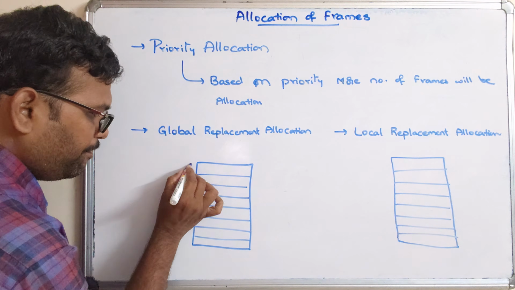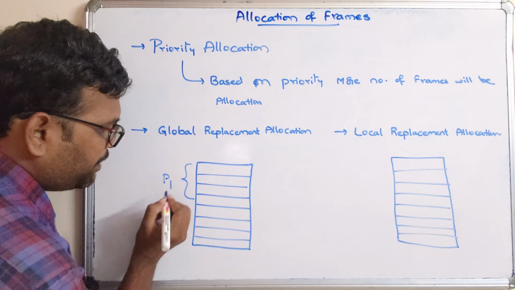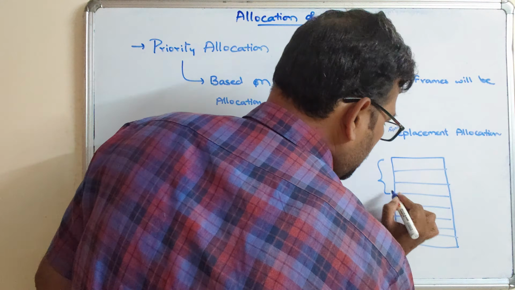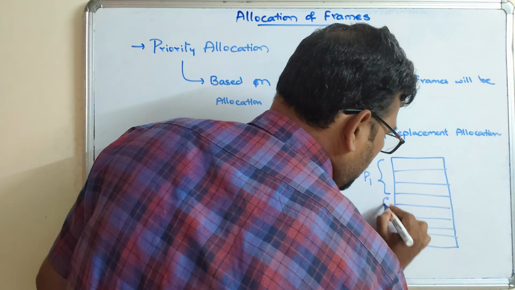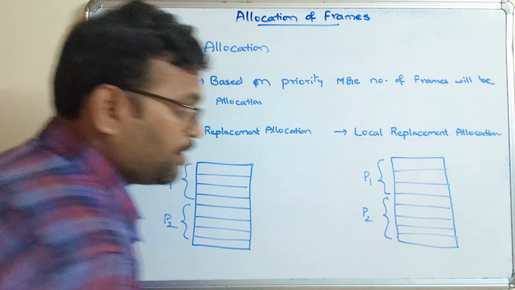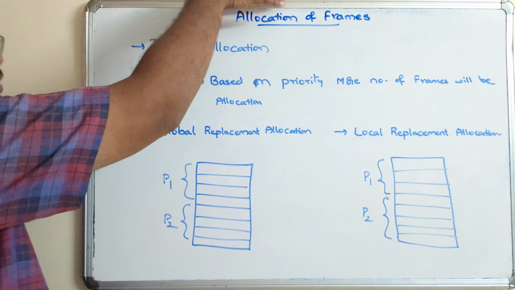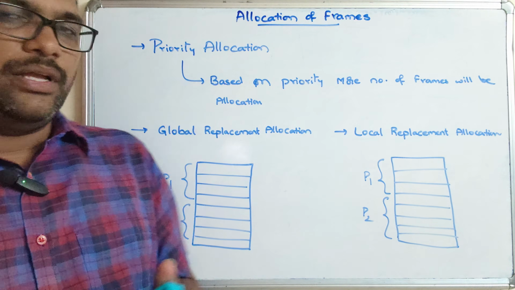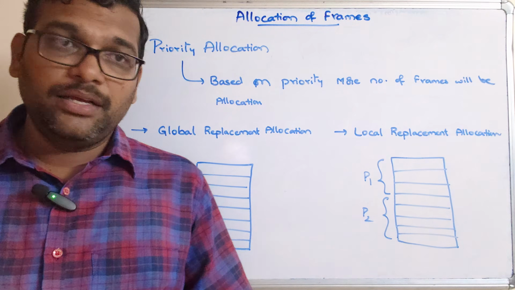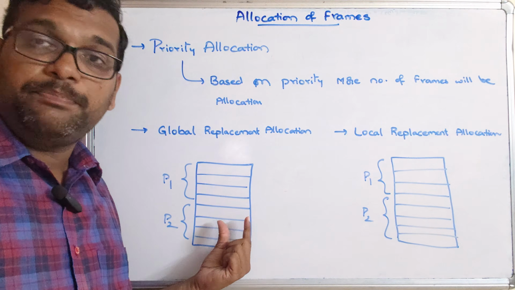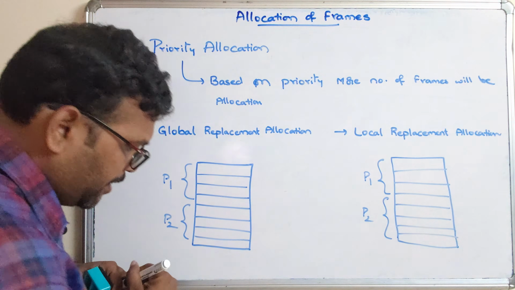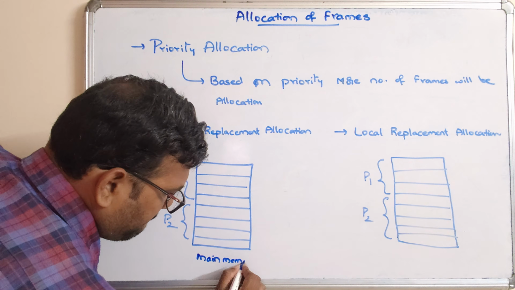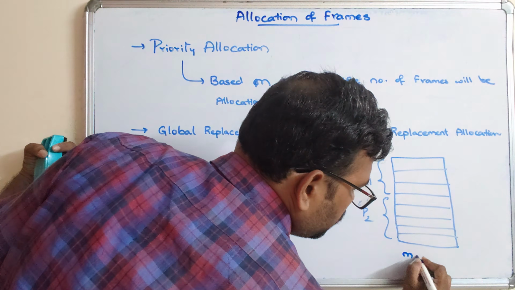This is for process P1 and this is for process P2, and similarly here also, this is for process P1 and this is for process P2. Let us assume. Now in this case we know that if the CPU requires any page which is not available in this particular memory, this is the main memory, and this is also the main memory.